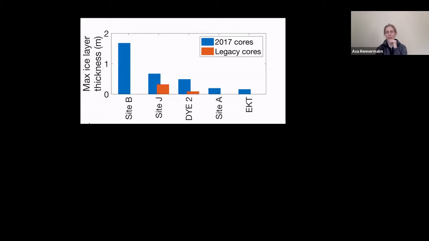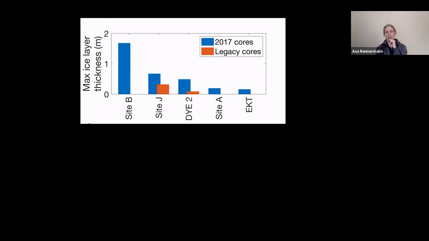And again, the 2017 cores are in blue. The older cores collected by other teams are in red. And so you see the same pattern you've seen with pretty much everything, is that the thickest ice layers are found at the lower elevation, and the ice layers are thicker in 2017 than they were when the legacy cores were collected.